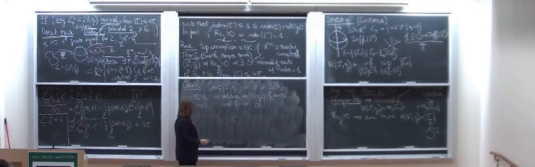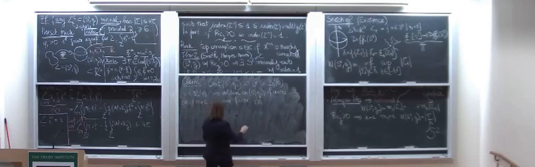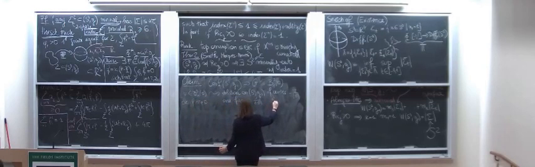Let's say this dilation is denoted by FV. So FV is a map from S2 to itself.